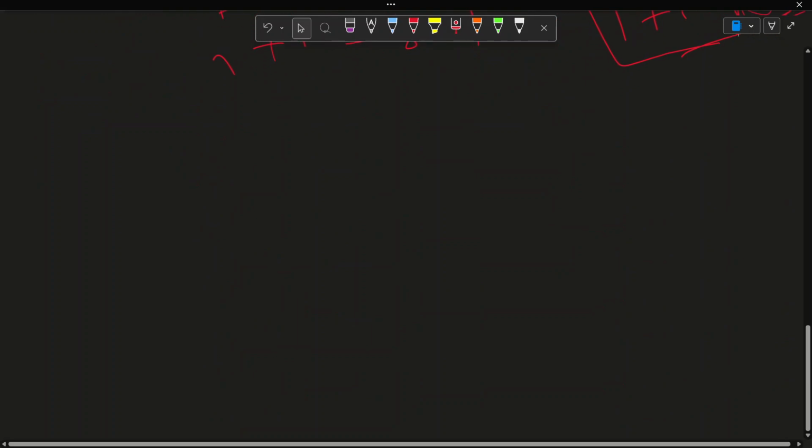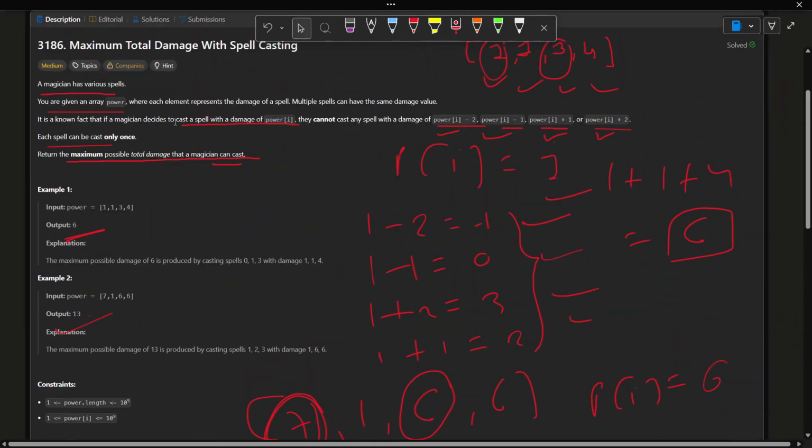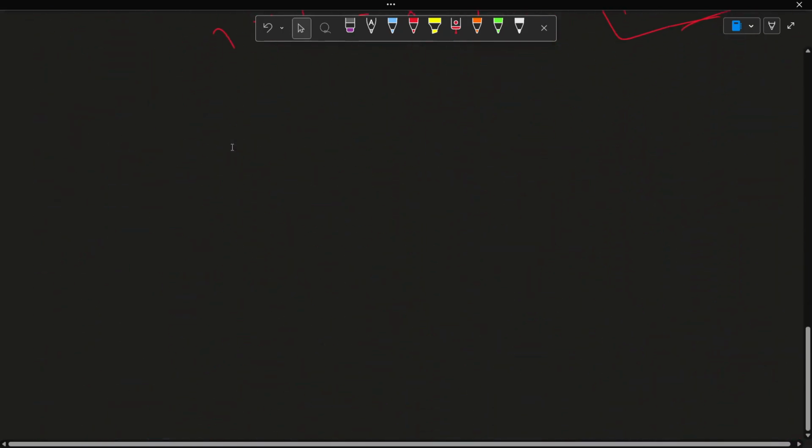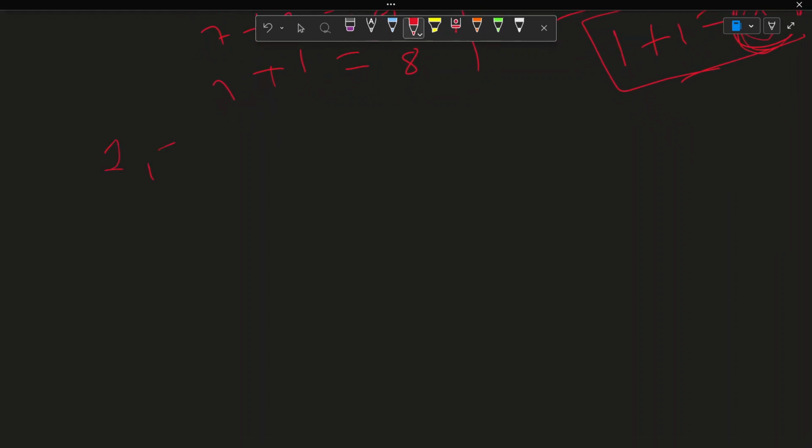Here, in the question they do not clarify, but with 1 1 6 7 we can consider this, so that means we cannot consider this or this. So we have an option to select any one.